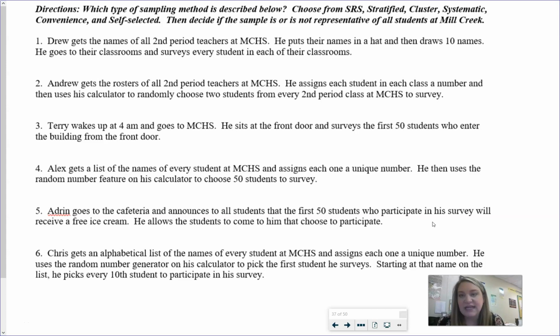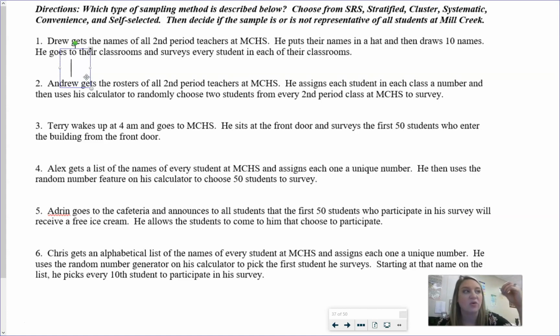So Drew gets the names of all second period teachers at the high school. He puts their names in a hat, and then he draws 10 names. He goes to their classrooms and surveys every student in their rooms. Okay, so how is he choosing what he surveys? He is randomly putting teachers' names in a hat and drawing them, but then who does he survey?